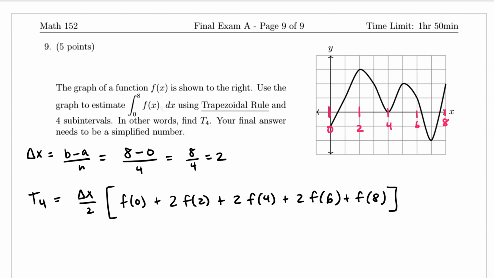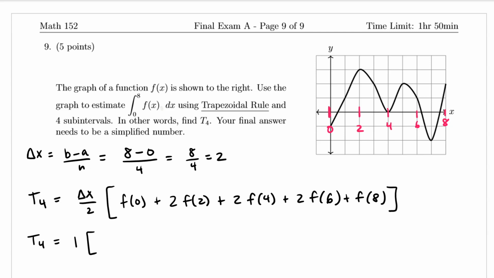Remember, in the formula for the trapezoidal rule, all of the terms except the first one and the last one are multiplied by 2. Now all we need to do is fill in the values. We found delta x to be 2, so 2 divided by 2 is 1.